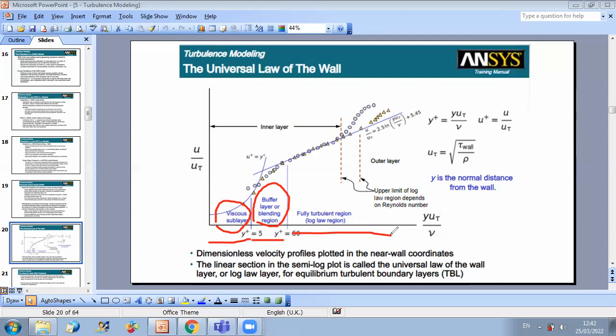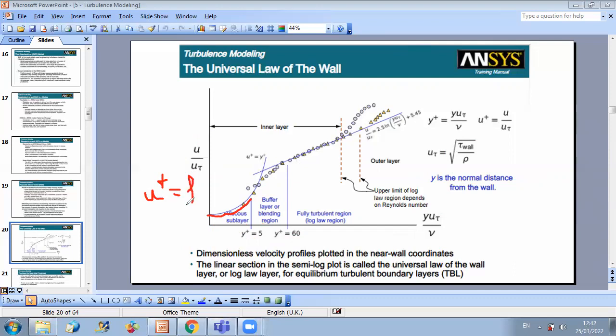Instead of doing it by computational fluid dynamics and dividing this part into very small elements, you can use this graph to come up with an empirical relation between how u varies with y in the viscous sublayer. So here, for example, you can see that from this profile, you can come up with fitting techniques to get, in the viscous sublayer, what y plus is.